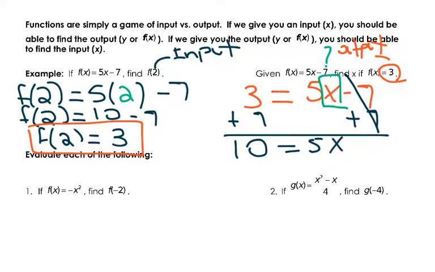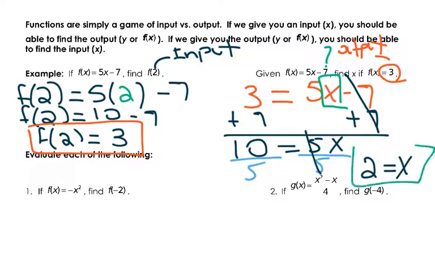Now I want to get x alone. So we know that 5 and x are being multiplied, so I want to do the opposite. So I actually want to divide by 5 because I want to get x by itself. And I would end up with 2 is equal to x. And here, that would be my final answer.